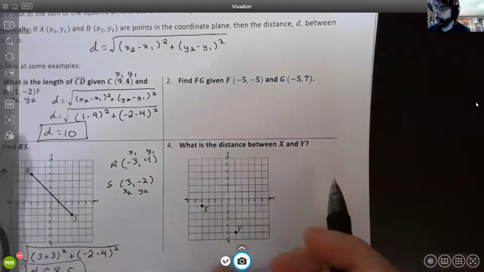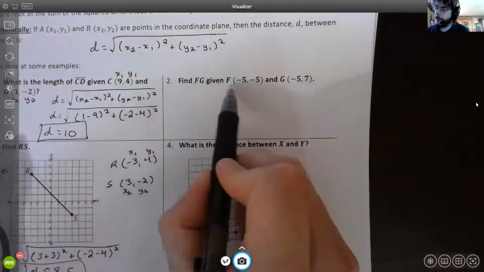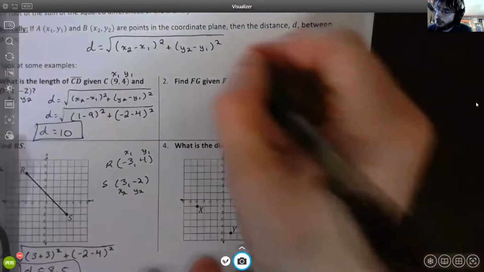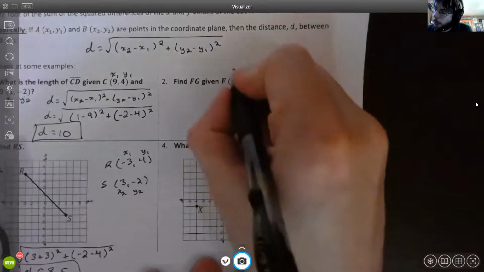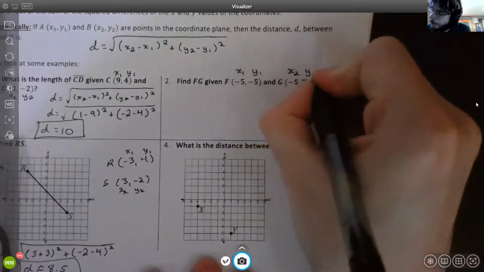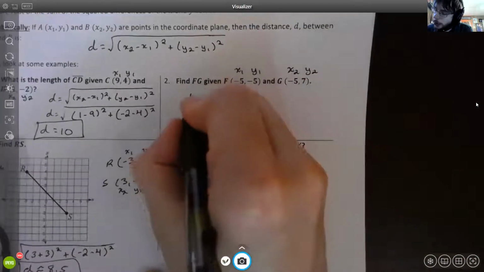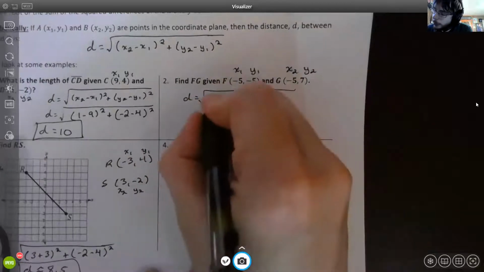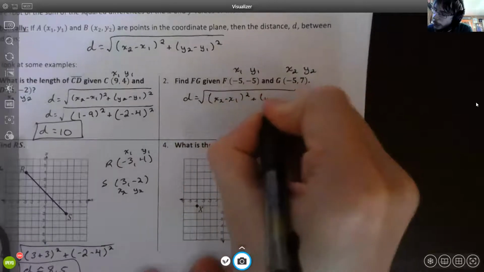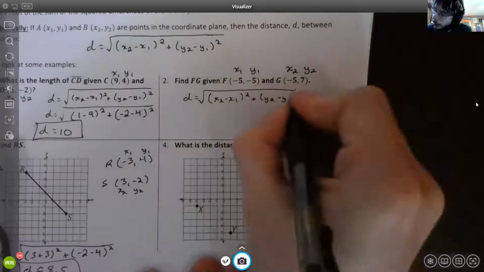So let's look at number 2. It says find FG given F is -5, -5, and G is -5, 7. So we're going to have X1, Y1 be our F and G be X2, Y2. So our distance formula is the square root of X2 minus X1 squared plus Y2 minus Y1 squared.